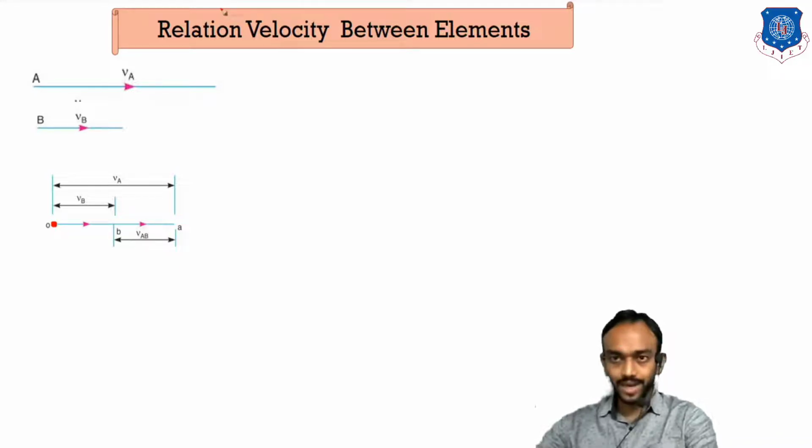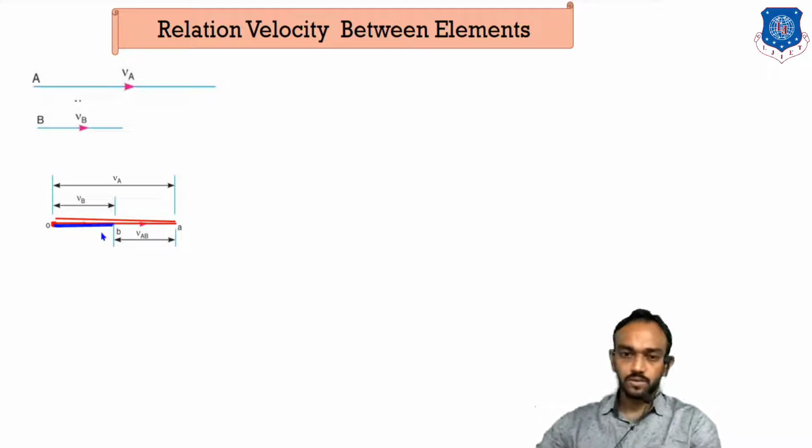With respect to that, first draw the velocity of A, meaning this is a length of, say, 50 mm. After that, for the velocity of B, from the same origin we draw OB, and the value of this OB will be as per its velocity.